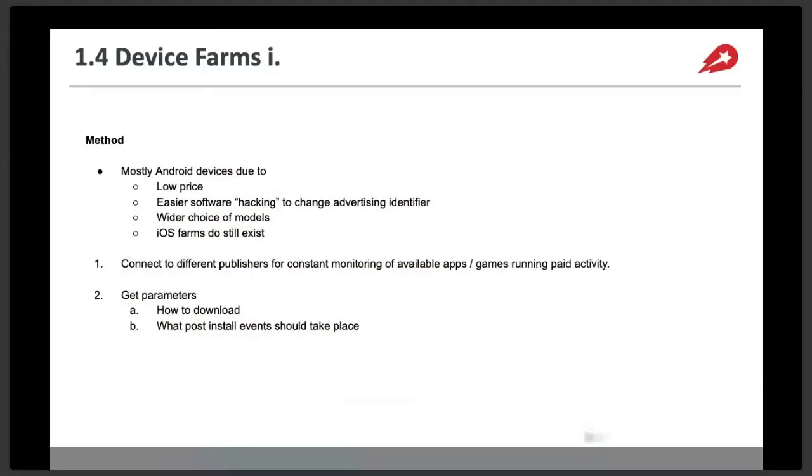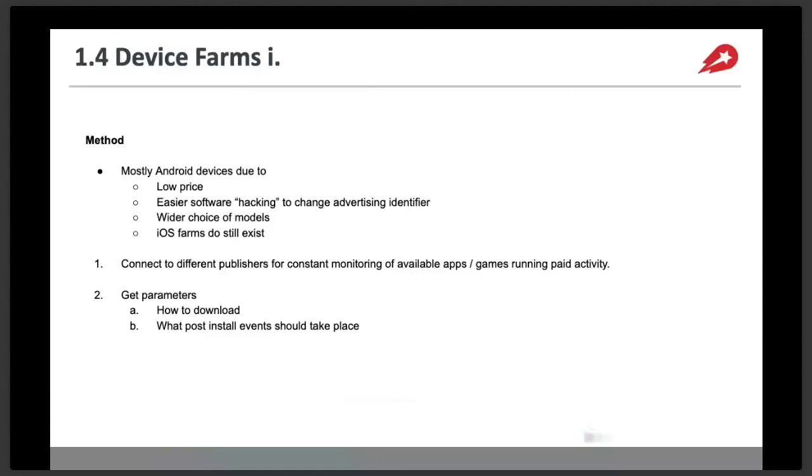Obviously, one install is linked to the Google Play Store advertising ID, the GPS AD-ID for Android, or the IDFA, the identifier for advertisers on iOS devices. And if you just swap those over, then you can generate installs that look unique with one bit of software, basically. Something that would look like Raspberry Pi.